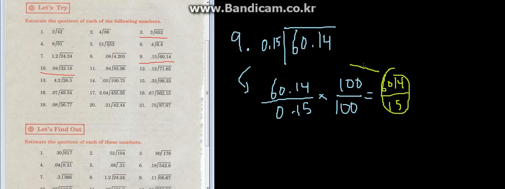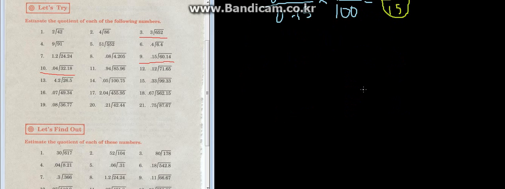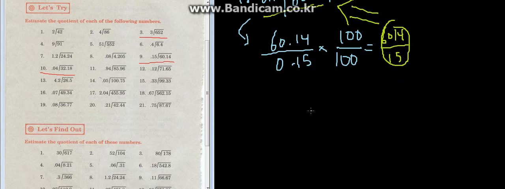Now this fraction is equal to this division right here. Okay, so to rewrite it, 15 is divided into 6014. Now what was the first step for the estimation? Rounding off, right? Rounding off 15.